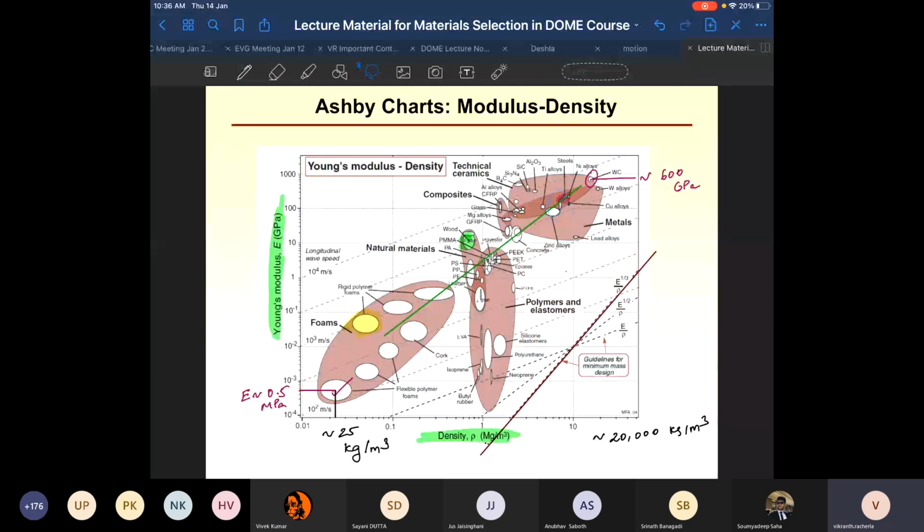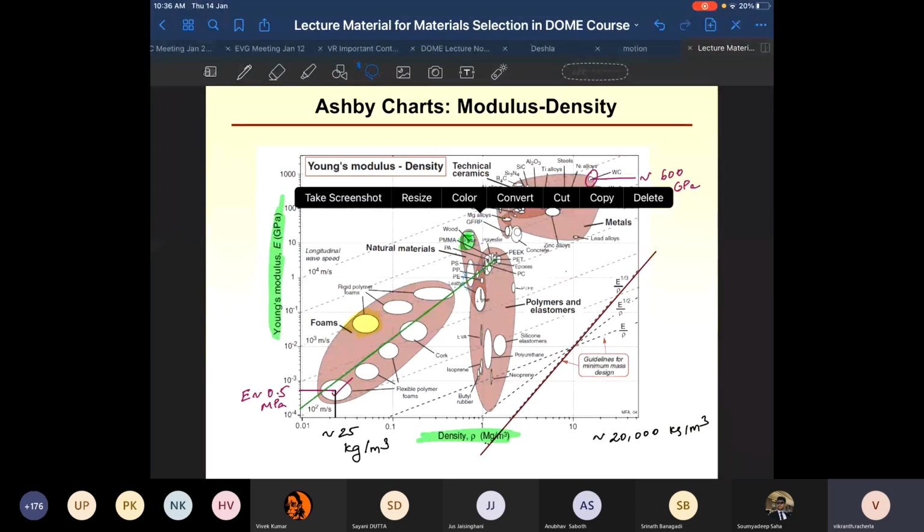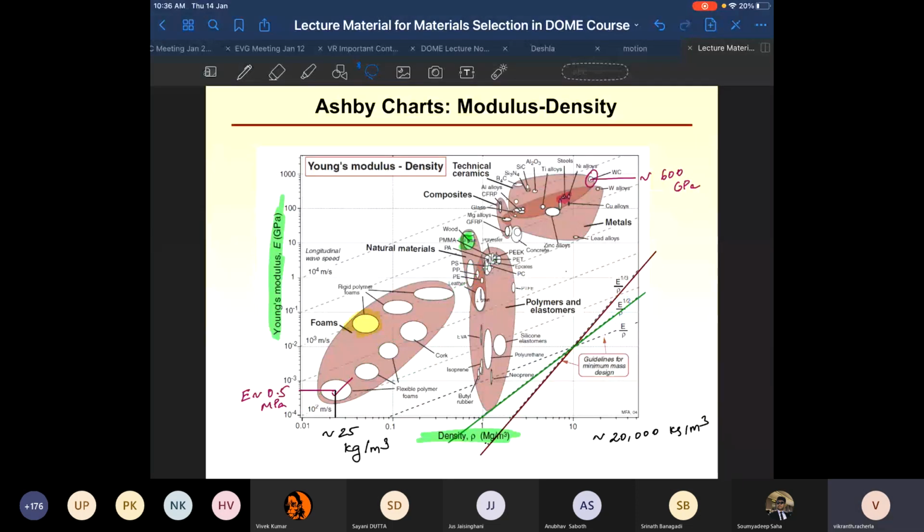Compared to wood, wood is slightly better than aluminum, and wood and rigid foam would offer similar weights if you are looking at beams subjected to bending. So this is the Ashby chart for modulus and density.